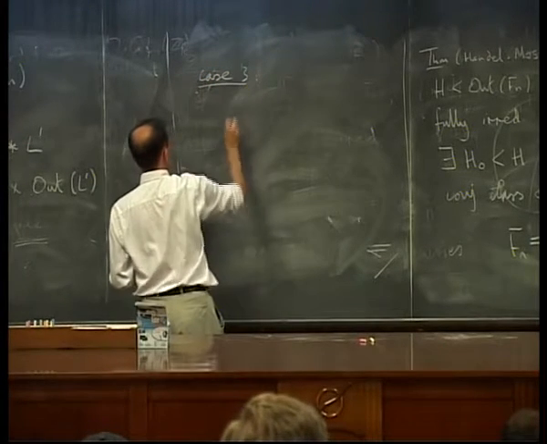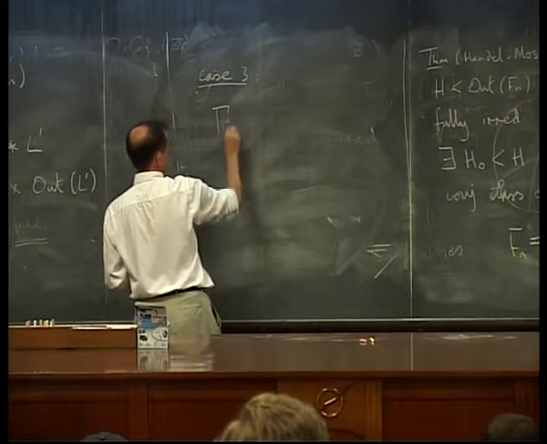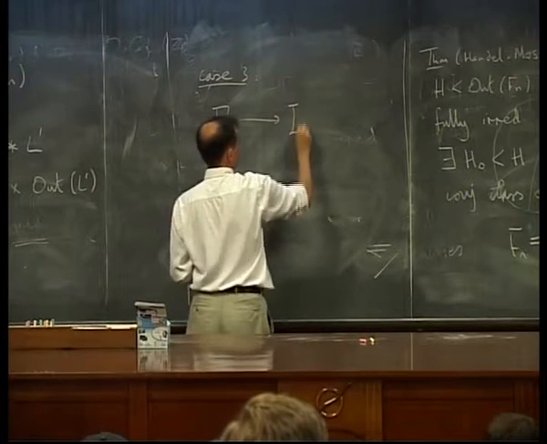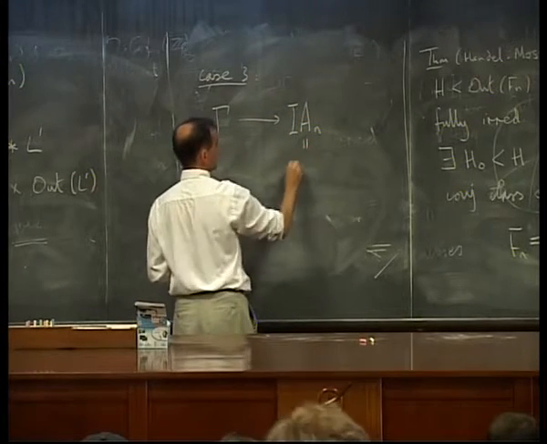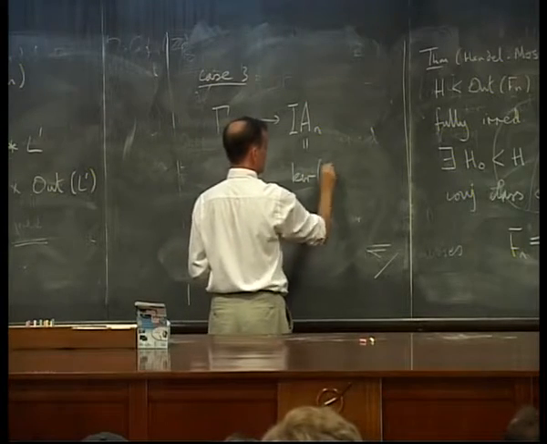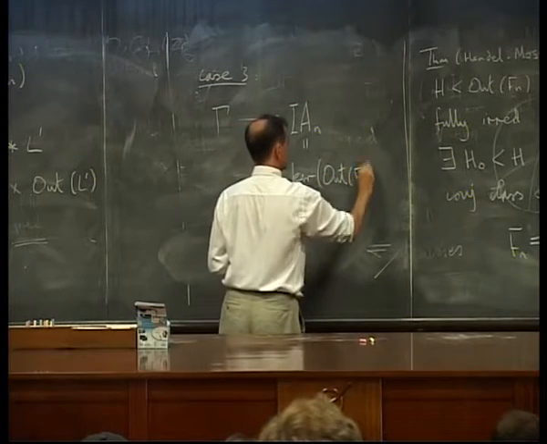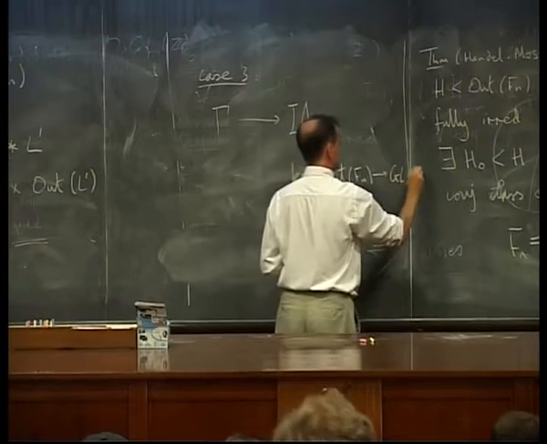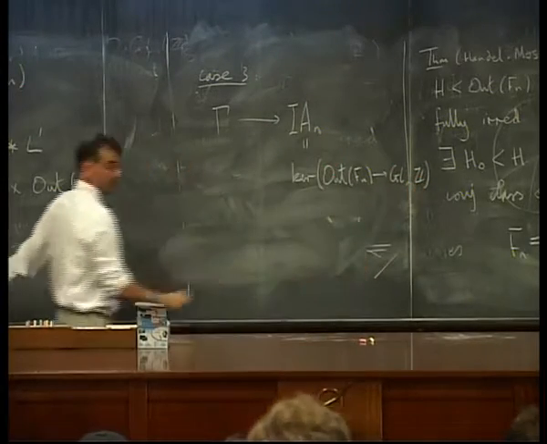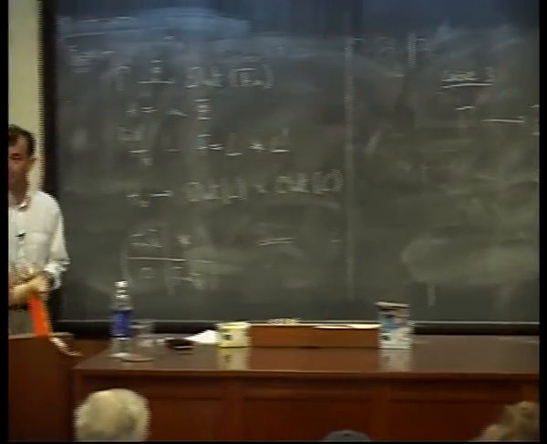What happens if you've got your irreducible lattice mapping to IA_N, the kernel of the map from Out(Fn) to GL_N(Z)? Then you can't possibly detect anything with the action on homology. So you're stuck with this problem.